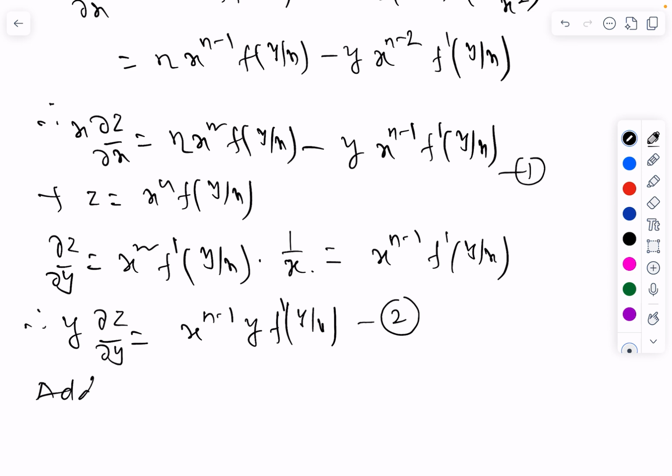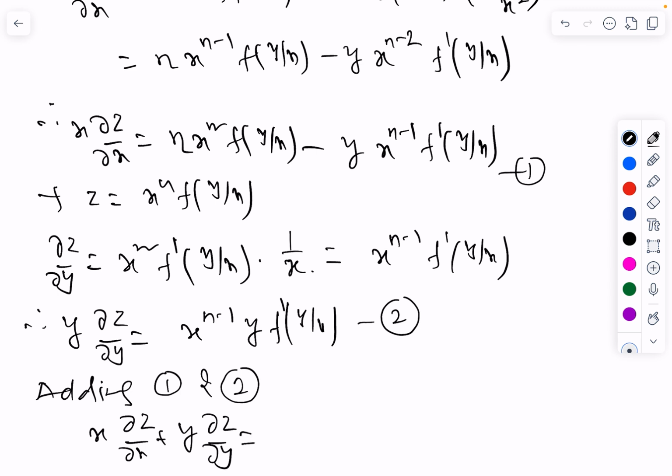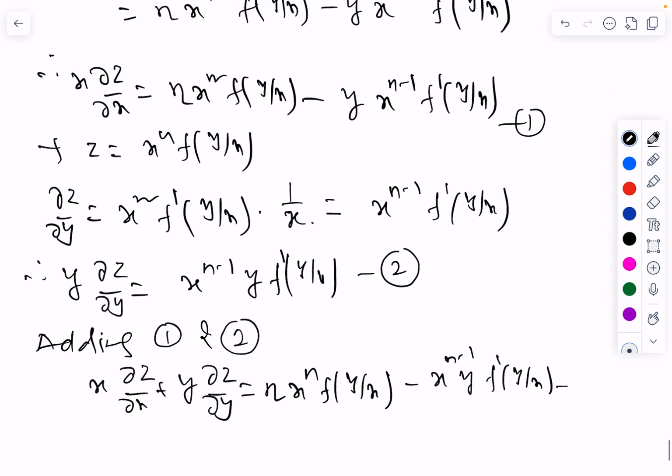So if we add 1 and 2, x times del z by del x plus y times del z by del y equal to n x power n f of y by x minus x power n minus 1 into y f dash y by x plus x power n minus 1 into y f dash y by x.